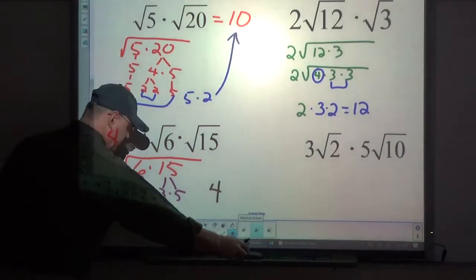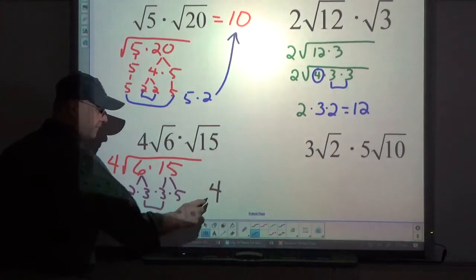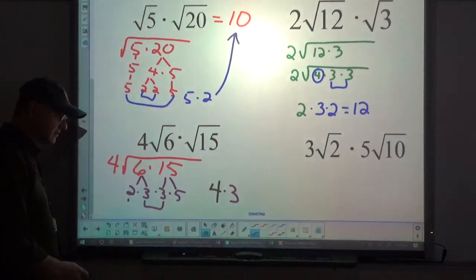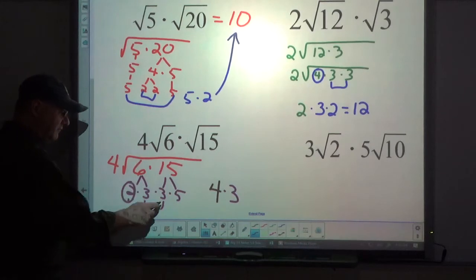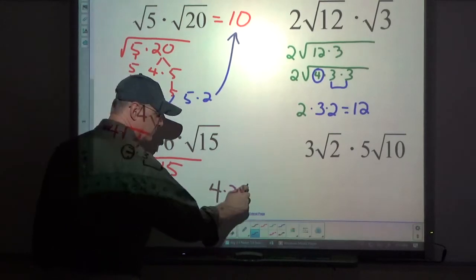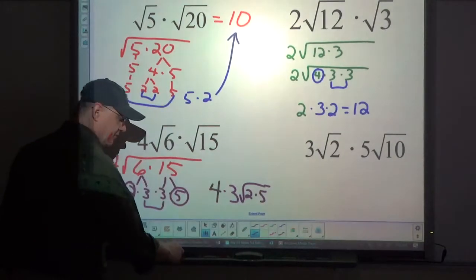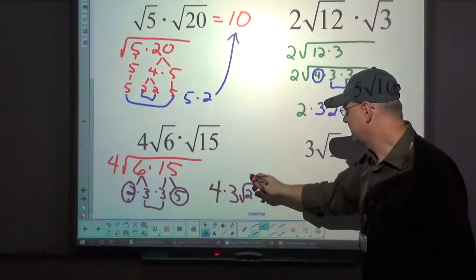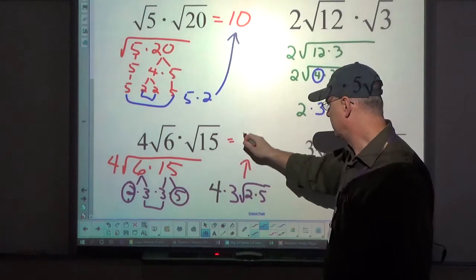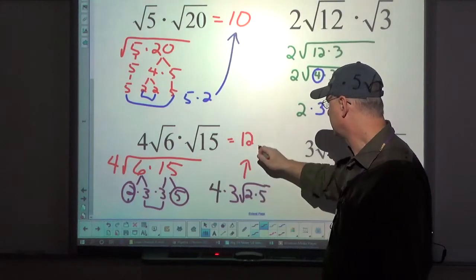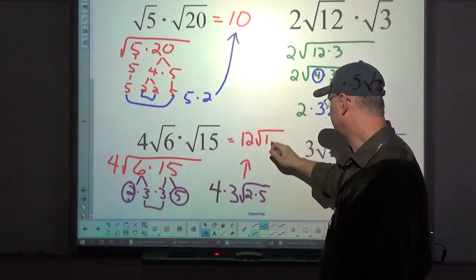I have a pair of 3s, so 1 goes on the outside. I have a 2 left over and a 5 left over. Those go on the inside multiplied together. The end result here would be 12, 4 times 3, square root 2 times 5, 10.